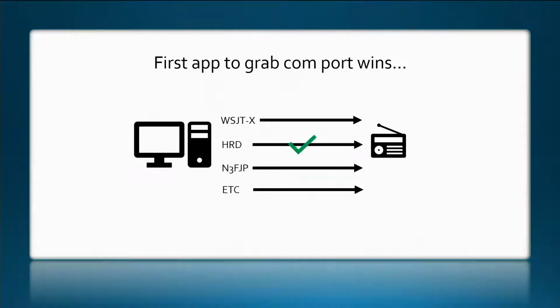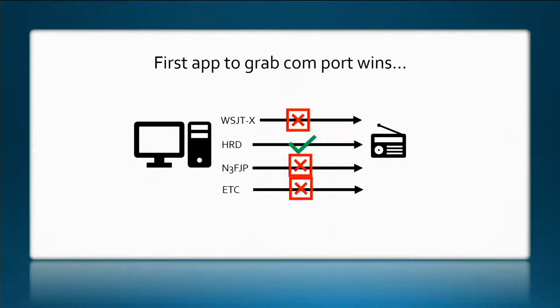What you're going to find generally is that the first application you launch while your rig is powered up is going to be able to successfully communicate to your radio. Everything works just fine. However, every additional application that you launch is going to display some error stating that it can't talk to your radio.